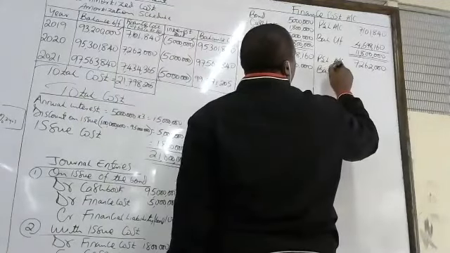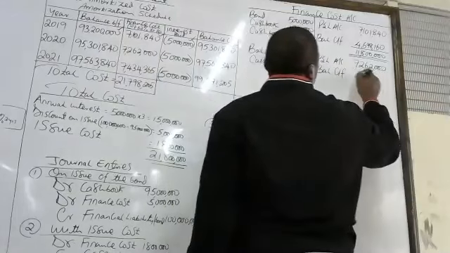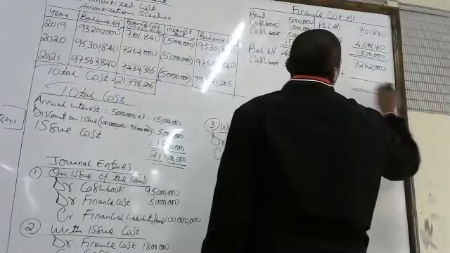So what will be the balance carried forward to be expensed in the 3rd year?